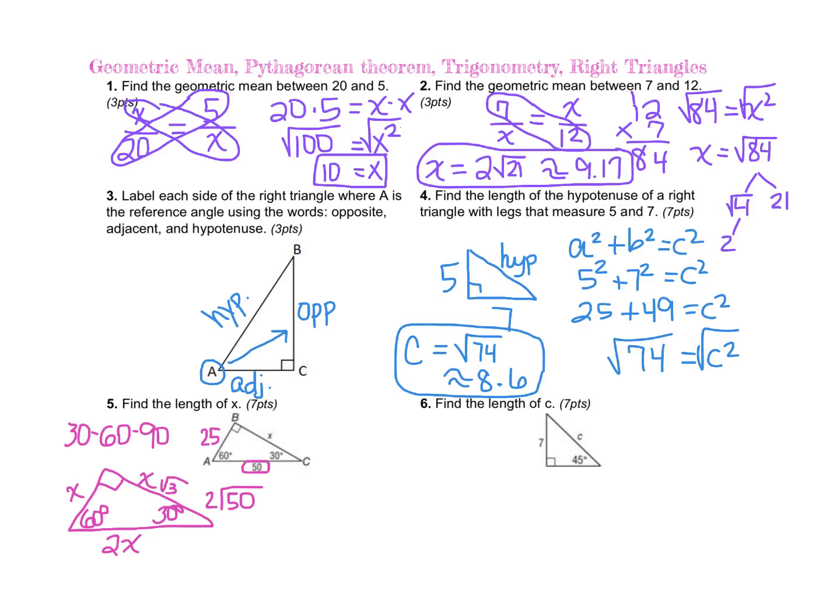So then to find this side, the one that I'm asked to solve for, all I have to do is multiply 25 times the square root of 3. So that could be your answer, or if you wanted to convert that into a decimal, that would be about 43.3.